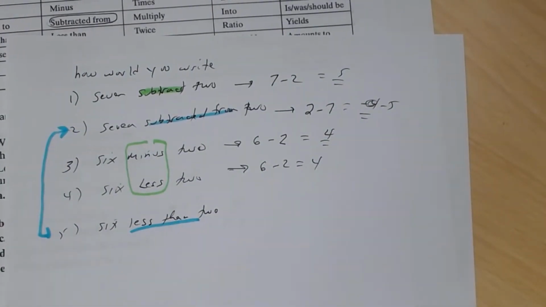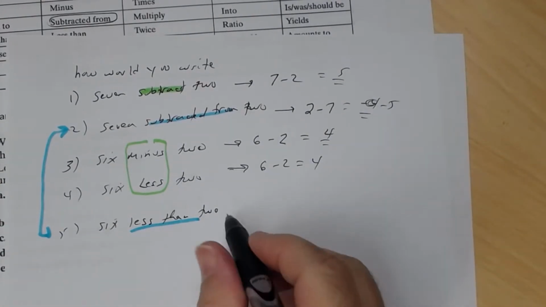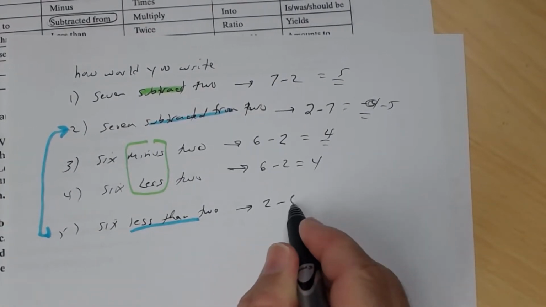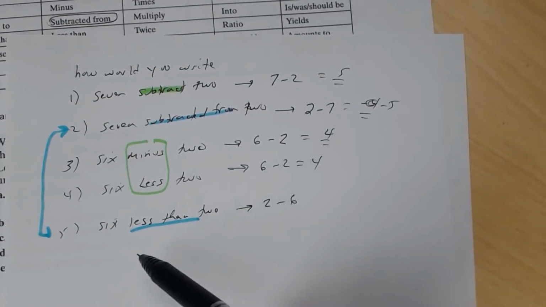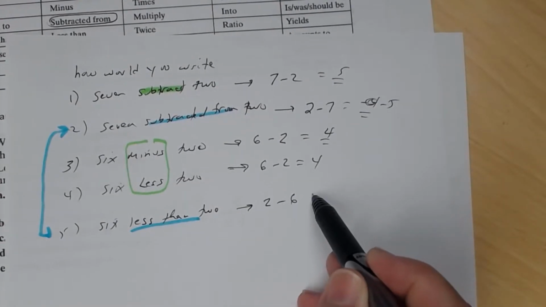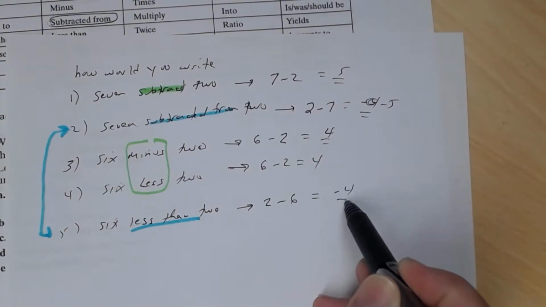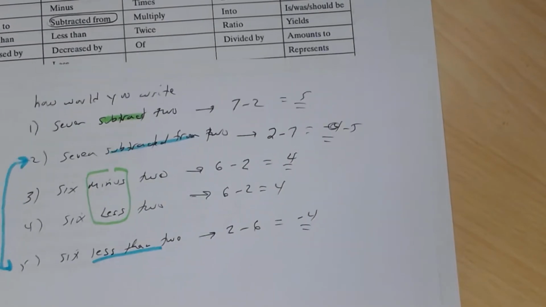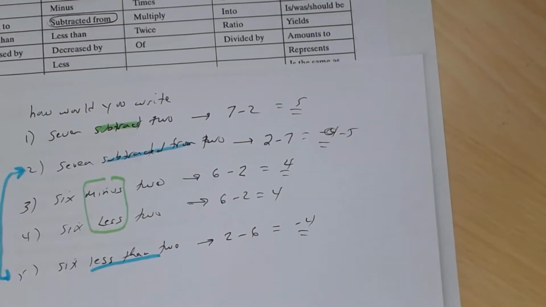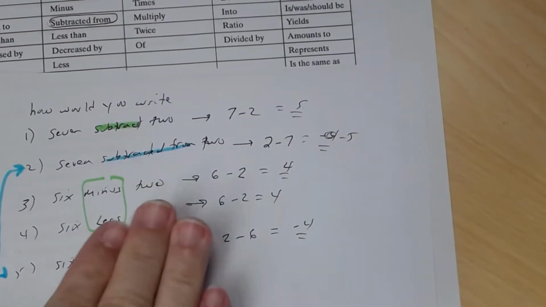So 6 less than 2 means 2 minus 6. That's what that means. So subtract from, less than, think backwards. And so 2 subtract 6 is just -4.